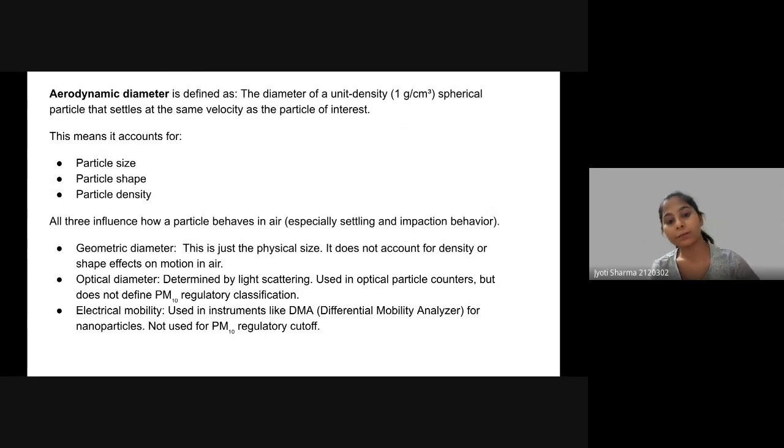This is important. What do we mean by aerodynamic diameter, and how is it different from other types of diameters? Aerodynamic diameter is the diameter of a unit density sphere, with density 1 gram per centimeter cube, that settles at the same velocity as the particle of interest.